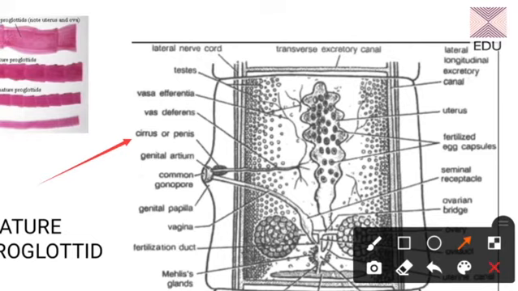It is the sperm exchanging organ. So that is the fourth part of the male reproductive system.